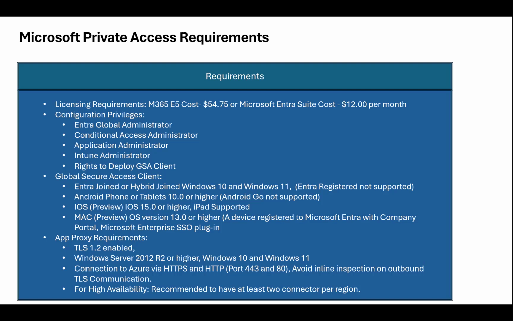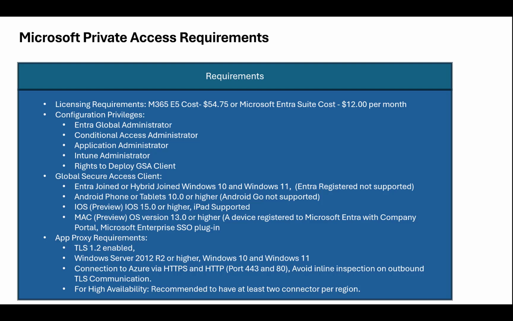That's where an Intune administrator may be required in your organization. Or if you are deploying on-prem machines, then you would probably need some rights to deploy GSA, even if you are installing locally on the machine. Or you're deploying it through other delivery vehicles like SCCM or whatever, right? So that's where the requirement is from the configuration and operation privileges.